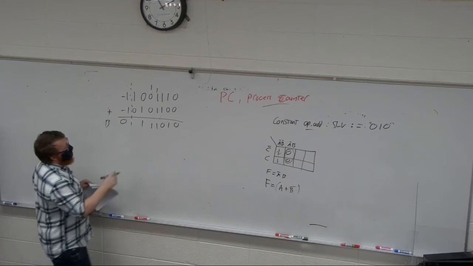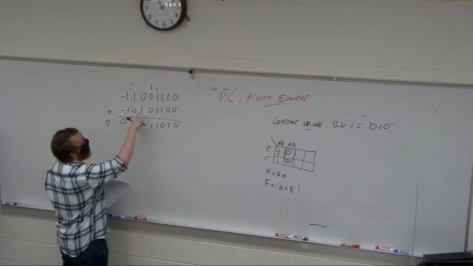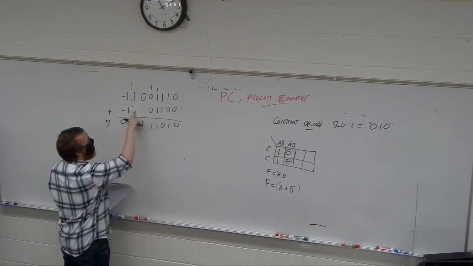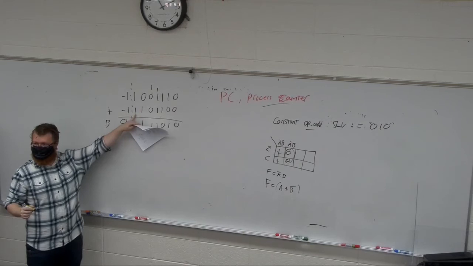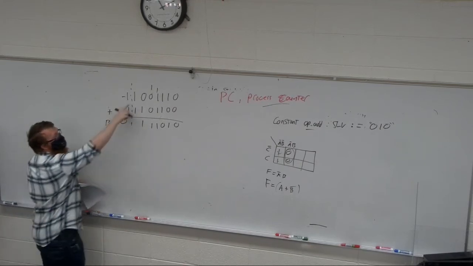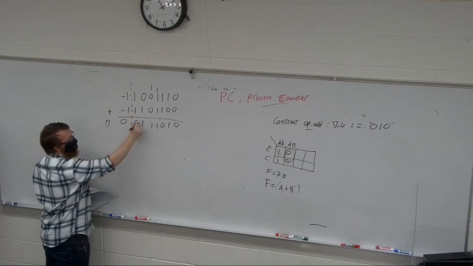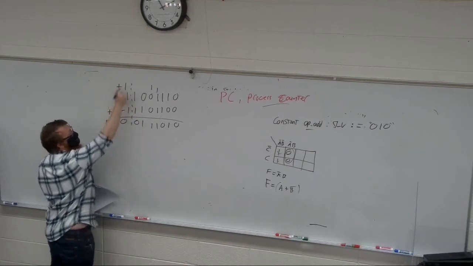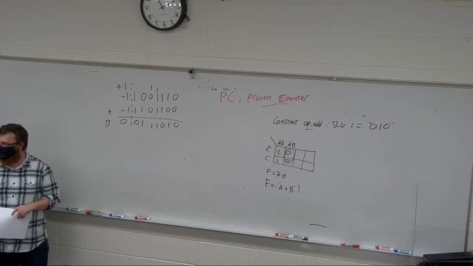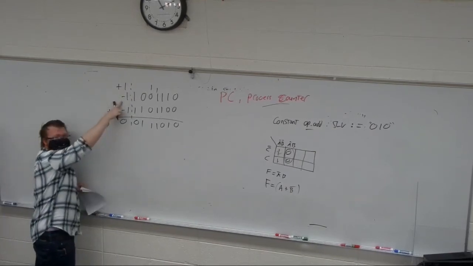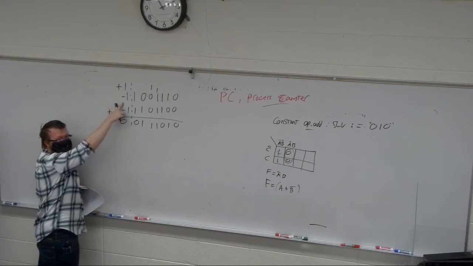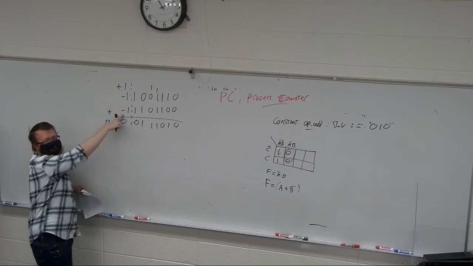On the flip side, if this were a 1, right? Then I would have 1 plus 1 is a 0 with a carry, which is positive. This positive 1 cancels out one of these negative ones, but I still end up with -1.